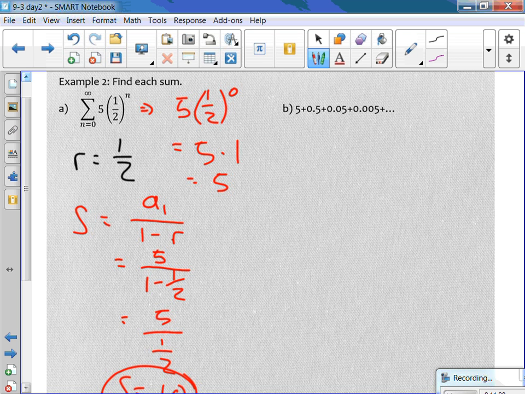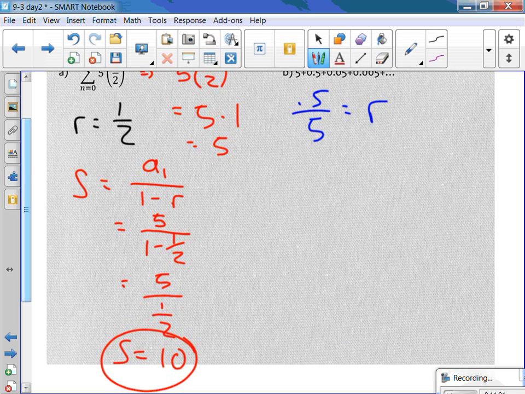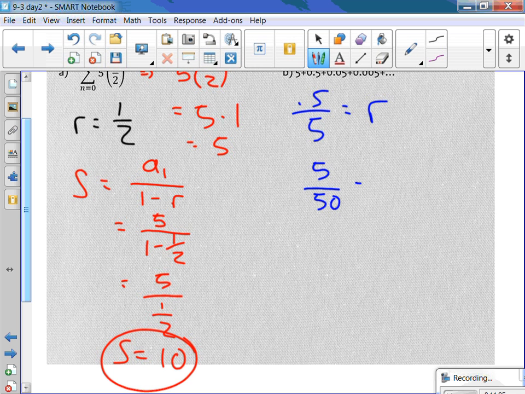So here my 0.5 over 5. 0.5 over 5 is, if you can't readily see this, folks, move your decimal over perhaps. So there you're going to say we get our R, a common ratio equaling 1/10. A1 was 5, that very first term.